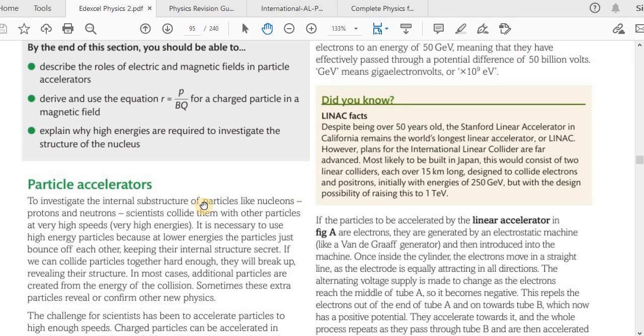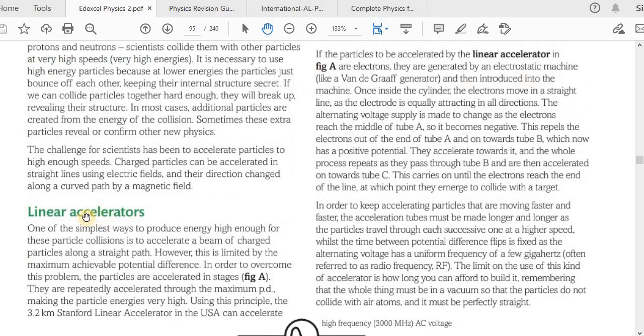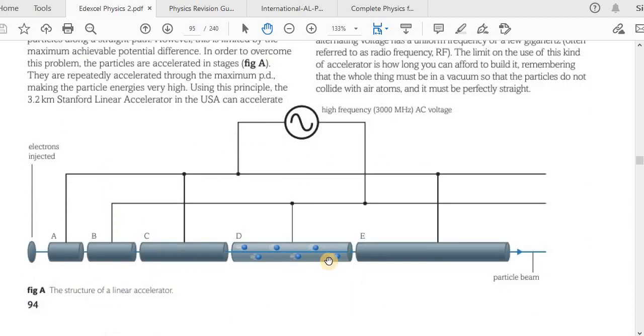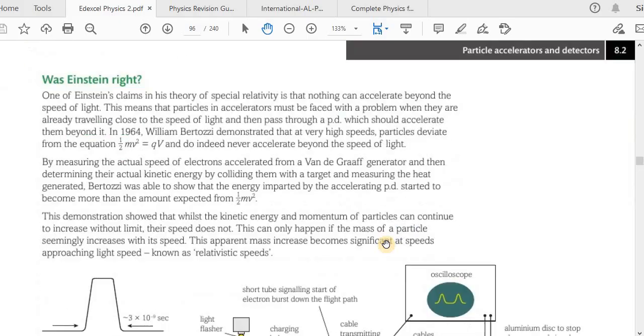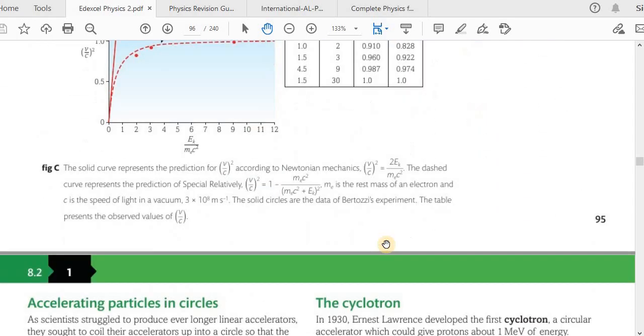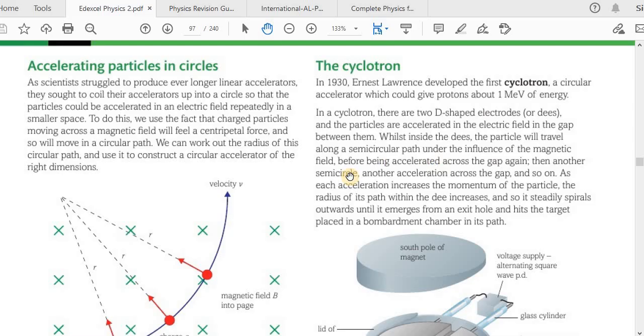And then you can see particle accelerators. We have the Linac, or the linear accelerator, which accelerates the particles in a straight line. Then we also have particle accelerators which accelerate the particles in a circular or spiral path.